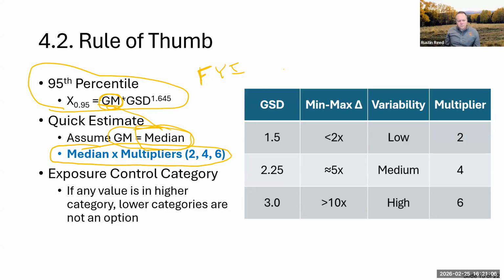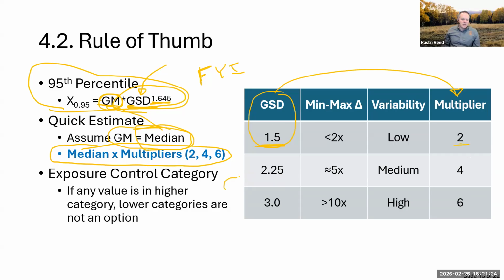What do I mean by multipliers? Well, if you look back to the original equation, you see it has the geometric standard deviation raised to this value. We're not going to mess with that. Someone else has done the math for us, and they plugged in the numbers and found that if you take 1.5 raised to that value, you get about 2.